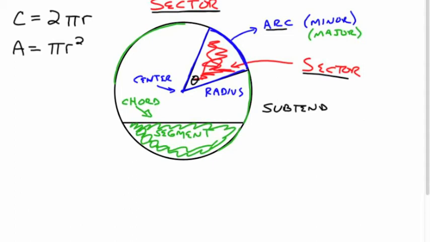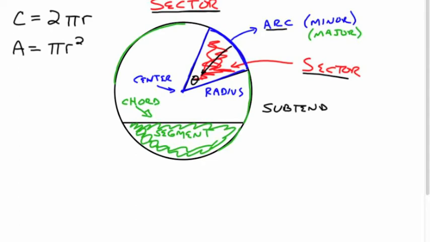So here theta is subtending the minor arc because it's opposite of the minor arc. So we use that angle and we modify our circumference and our area formula and just take a proportion of it, a fraction of this circle.